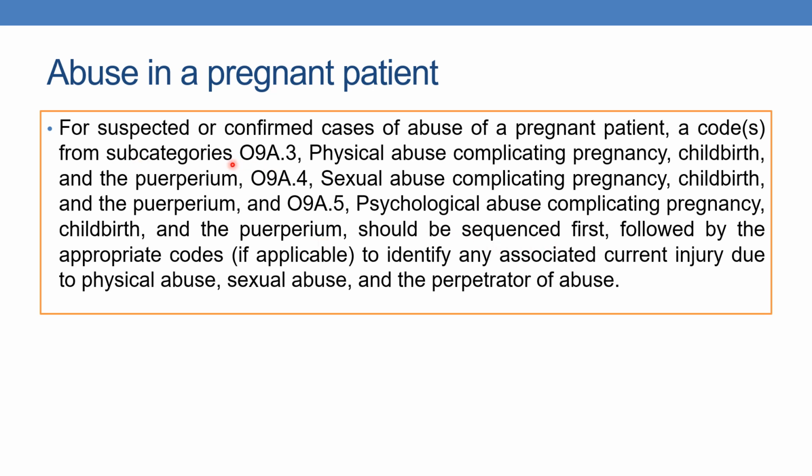PDX should be from either of the categories O9A.3, 4 or 5, followed by appropriate codes if applicable to identify any associated current injury due to physical abuse, sexual abuse and the perpetrator of abuse. So these are the additional codes if applicable. PDX should be from O9A.3, 4 or 5 depending upon the type of abuse.